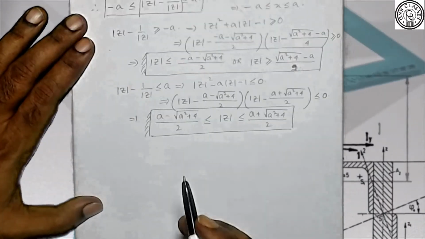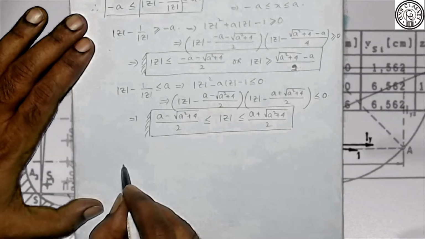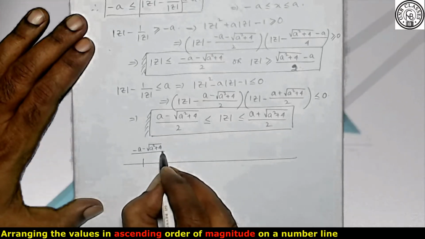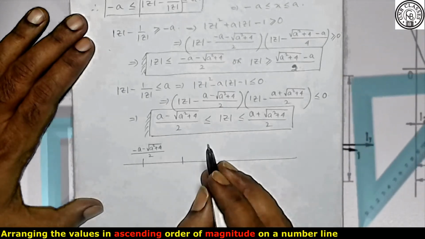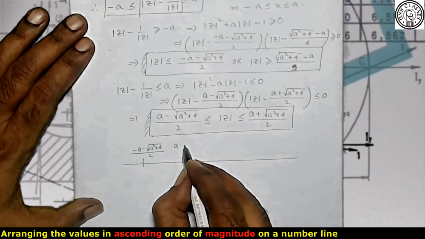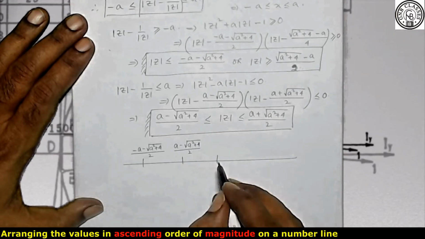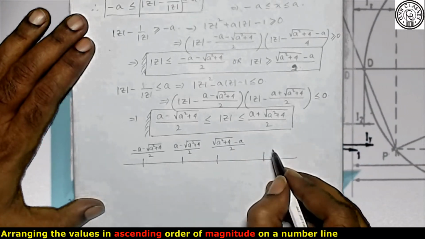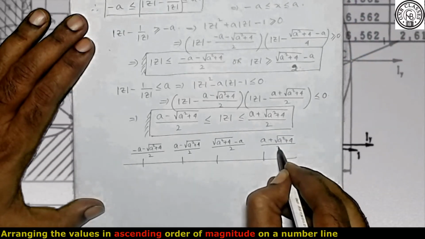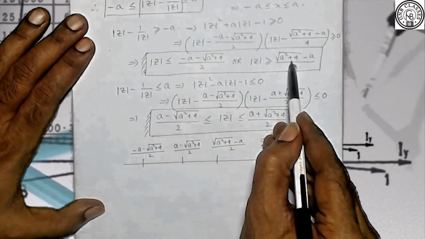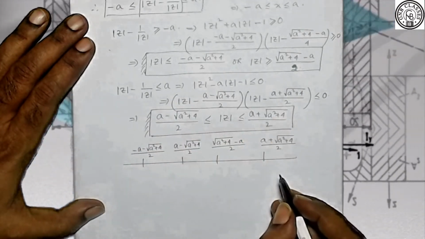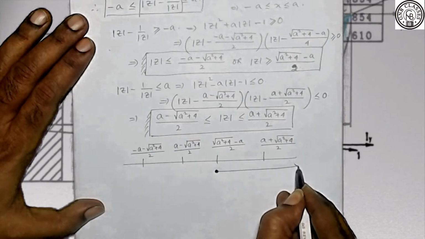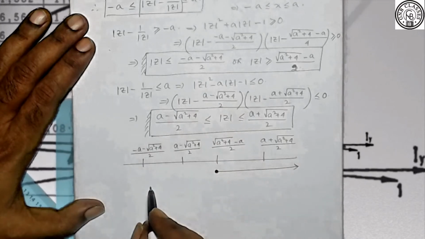Okay, now you see, if I drop all those values on a number line, from the first inequation we are getting that your mod z is more than this point, or it is less than or equal to this point.